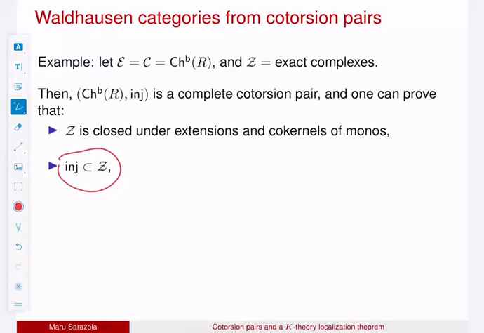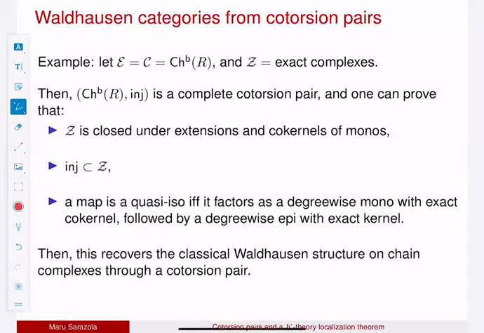But in fact, one can prove that that factorization condition determines exactly the class of quasi-isomorphisms. So a map is a quasi-iso if and only if it factors precisely in this way. So we see that the Waldhausen structure that we're getting through the theorem is recovering exactly the classical Waldhausen structure on chain complexes, now built from this data of the Cotorsion pair.